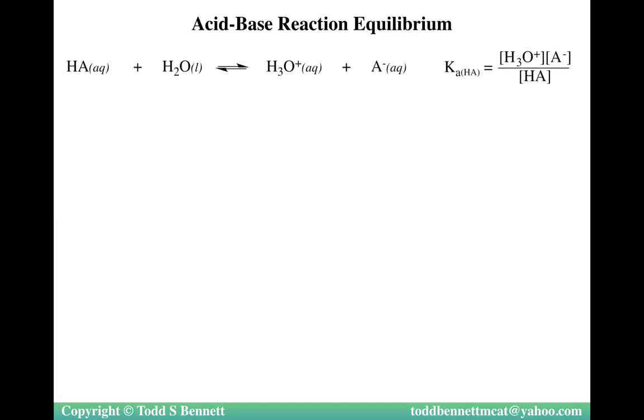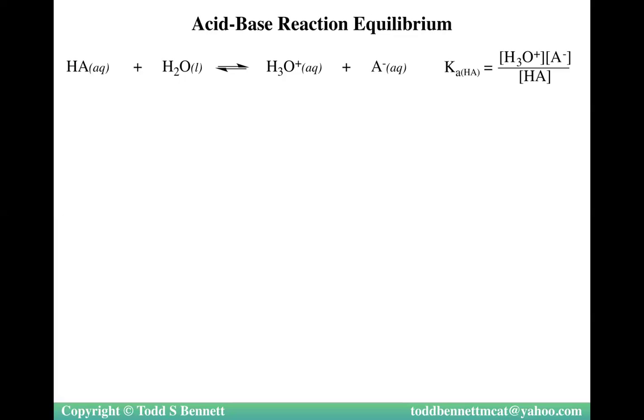So I want to do a little bit of review to get into it. Picking up what we were saying last time, if we want to consider this from an acid perspective, HA, a weak acid, interacts with water. When it does, you get H3O plus and A minus. I'm calling it a weak acid. Reality is this is true for any acid, but generally we use HX for strong, HA for weak. And for organic chemistry, our acids are weak.